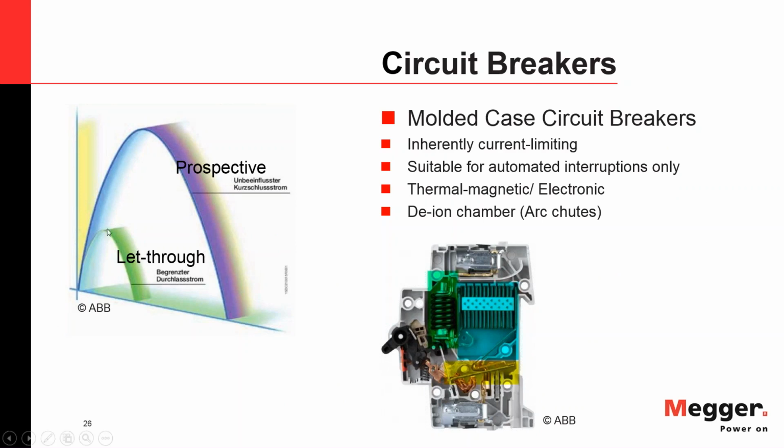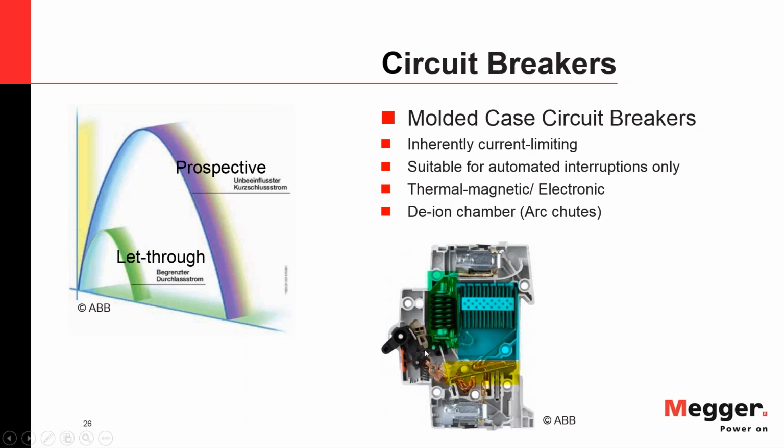And the result will be that there is a certain let-through, but it is much smaller than the prospective current, and it is there for a much shorter amount of time. Also, molded case circuit breakers specifically typically do not need a zero crossing, so that interruption is done in less than a cycle, typically even half a cycle.